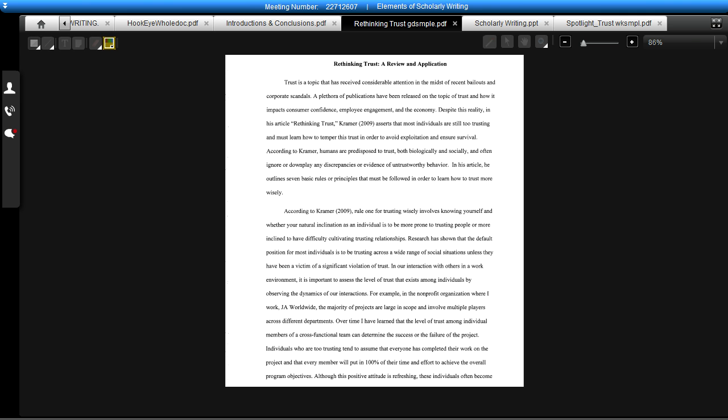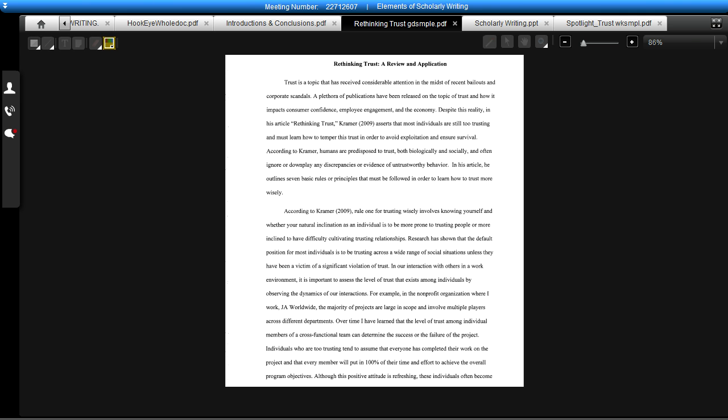A plethora of publications have been released on the topic of trust and how it impacts consumer confidence, employee engagement, and the economy. Despite this reality, in his article, Rethinking Trust, Kramer, 2009, asserts that most individuals are still too trusting and must learn how to temper this trust in order to avoid exploitation and ensure survival.